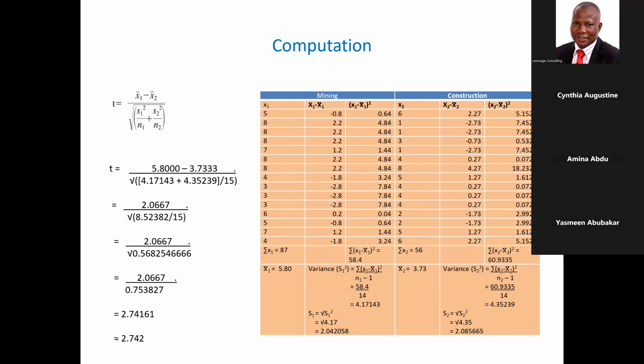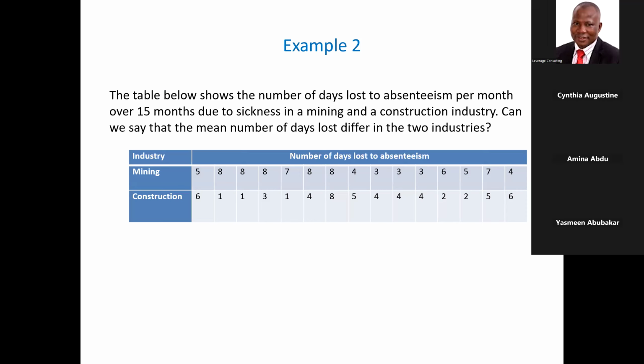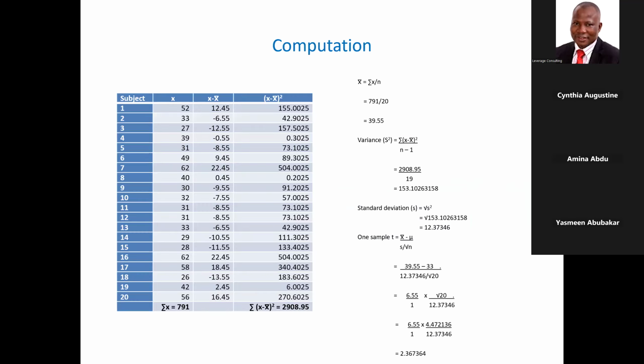Look at the other one. They say, can we say that the mean number of days lost differs in the two industries? You can see there are two separate, independent groups, so you know it's an independent t-test. From the arrangement of the problem, when you read it, you know this is independent sample t. Is it the first one also?